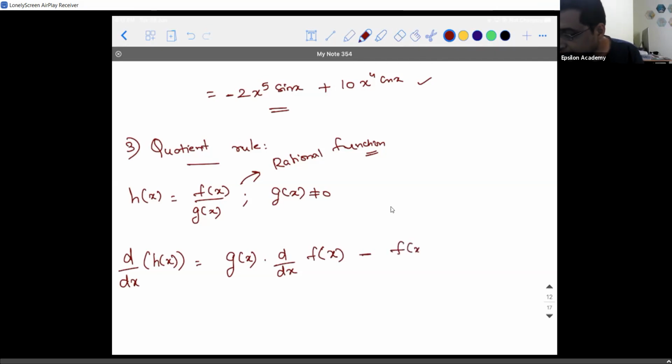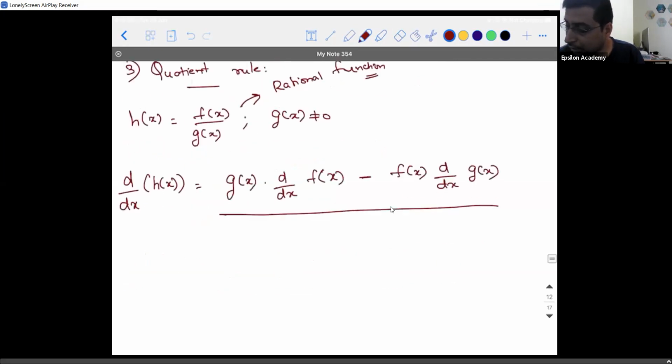You will write the numerator as it is and differentiate the denominator. The whole divided by denominator square. So g of x into derivative of f of x minus f of x into derivative of g of x, the whole divided by g of x, the whole square.